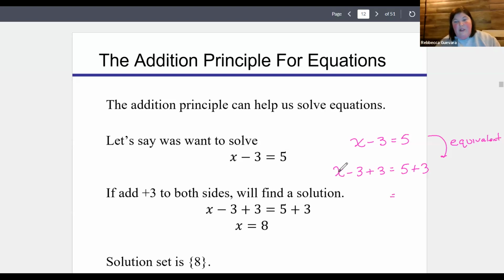And when I do that, x minus 3 plus 3, the minus 3 and the plus 3 disappear, and I'm just left with the x by itself, and 5 plus 3 is just 8. This is also equivalent. And it's the solution.